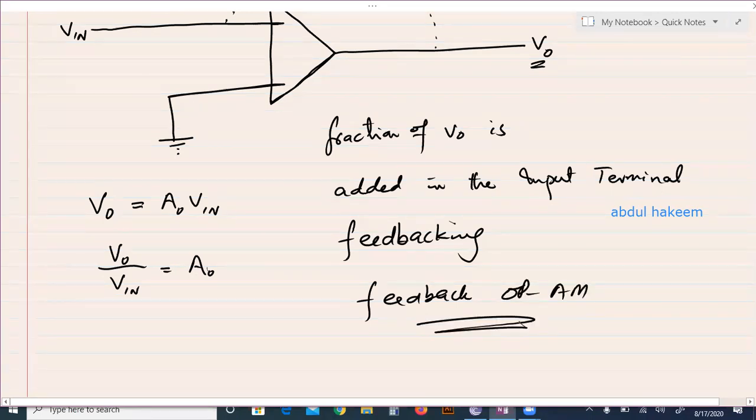So now we have to study the feedback OpAmp. What is meant by feedbacking and what is feedback? When a fraction of the output voltage is added in the input terminal, then the procedure is called feedbacking.